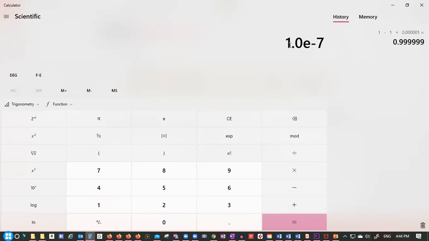And now we are going to take the log of that. Sorry, not natural log, the base 10 log, which is this one. Look. What do you get? -7, right? But we don't want to use negative numbers.